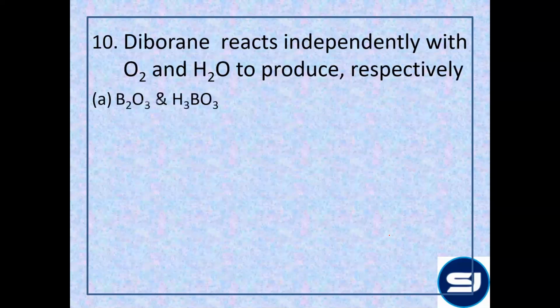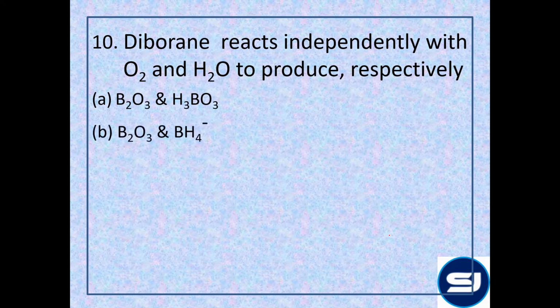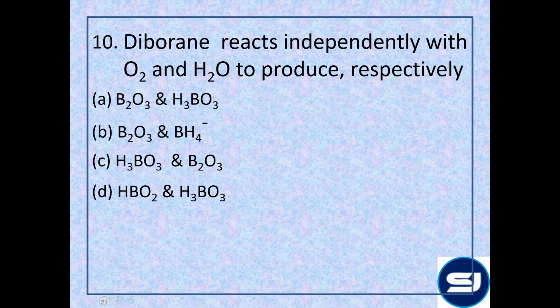Diborane reacts independently with oxygen and water to produce which compounds? Diborane with oxygen gives what? B2O3. Yes. Boron burns in oxygen to form its oxide, and the oxide of boron is B2O3.